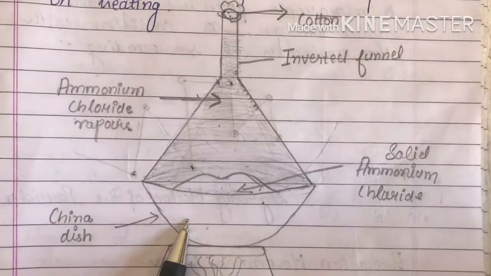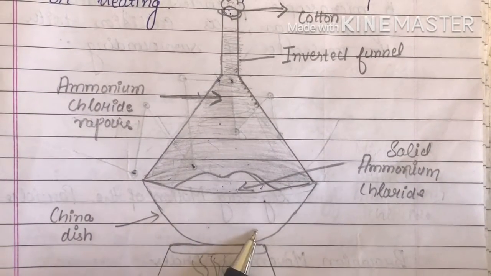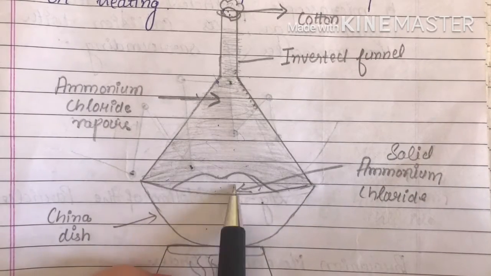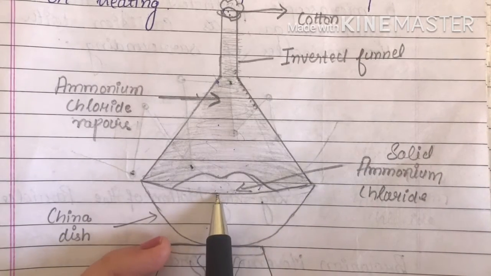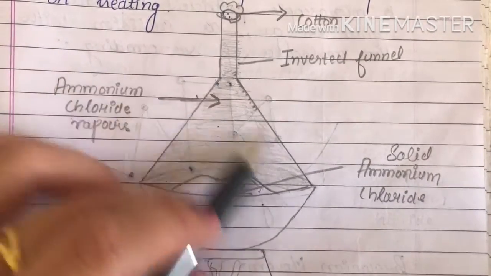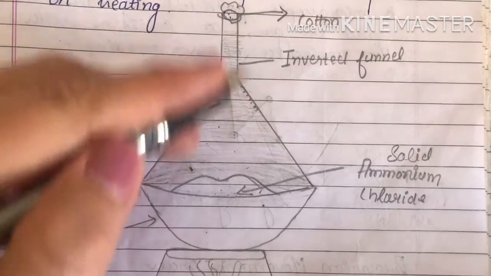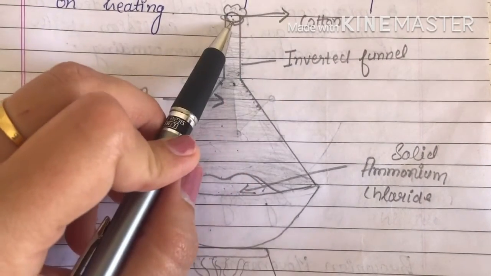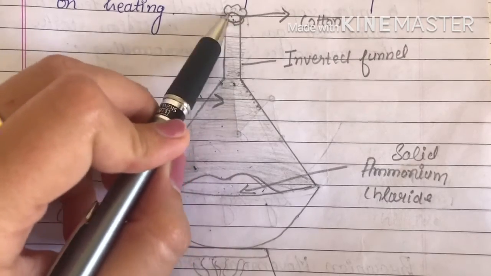This is a china dish in which we put solid ammonium chloride. We cover the china dish with this funnel, keep the funnel inverted, and plug cotton into the tail of the funnel.